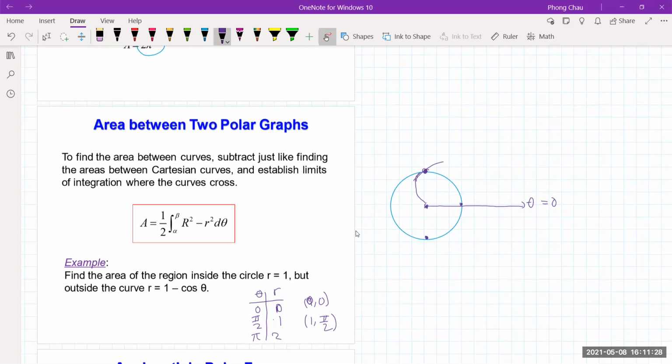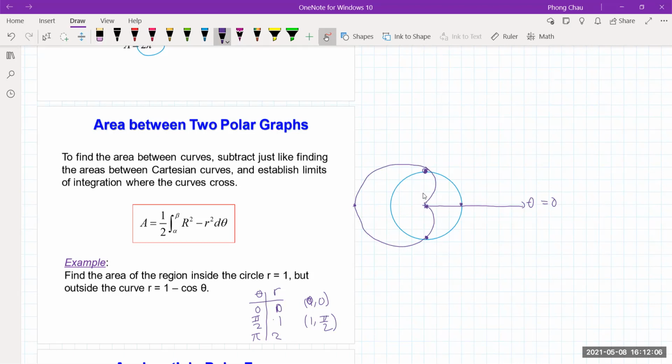So we have positive 2. At pi, we are going 2 units, somewhere over here. Okay, so now we kind of know what the graph is going to look like. It goes something like this.